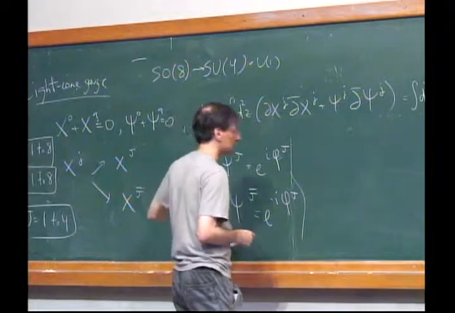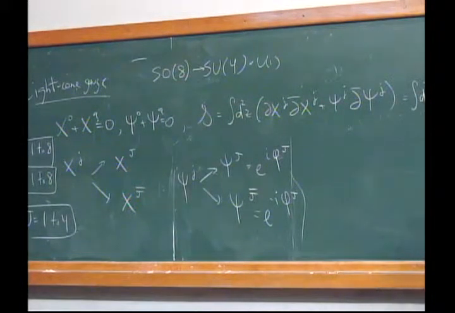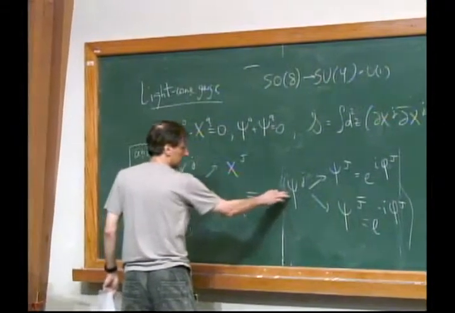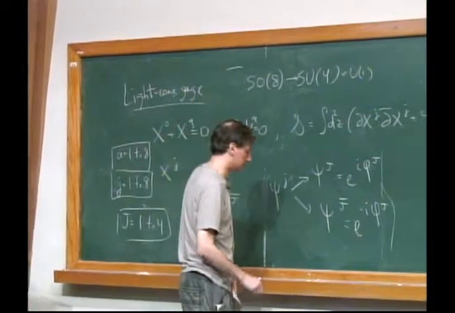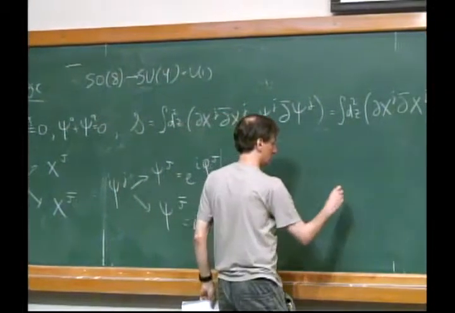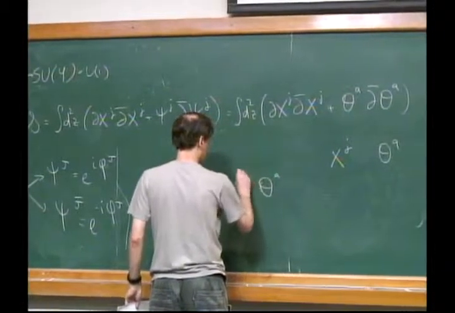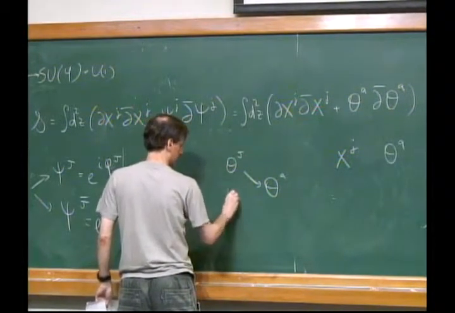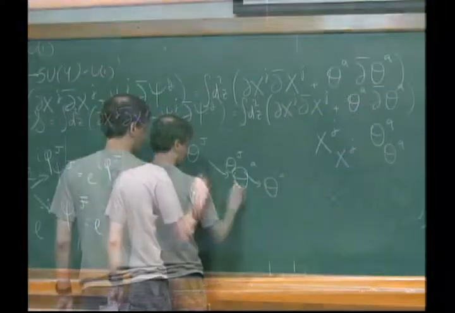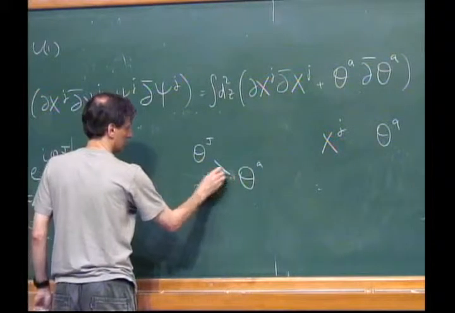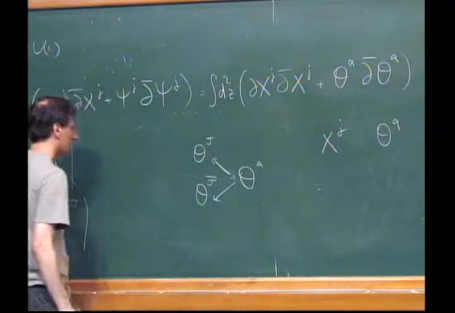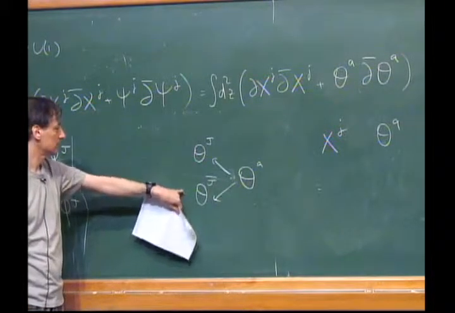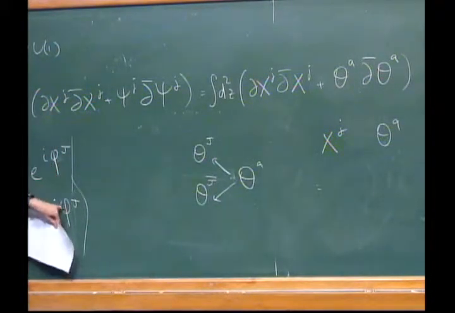Okay, so theta, if I split up SO8 down to U4 in this way, I can choose theta to also split up into theta j and theta j bar. And now the idea is that these theta and theta bars will be related to the same bosons as here.